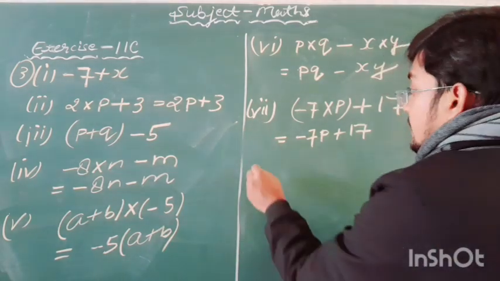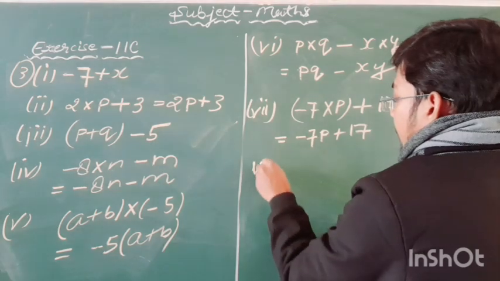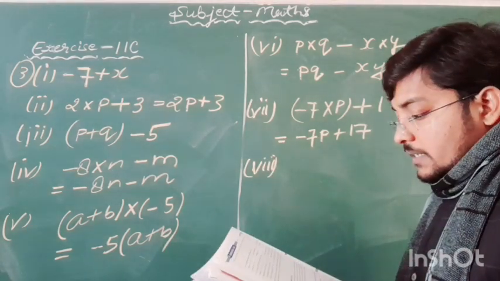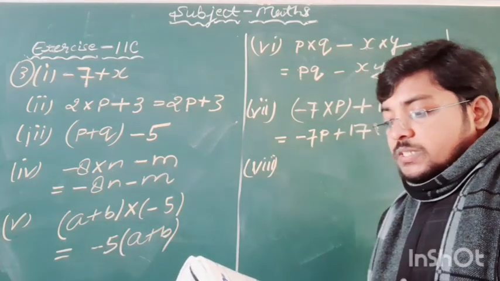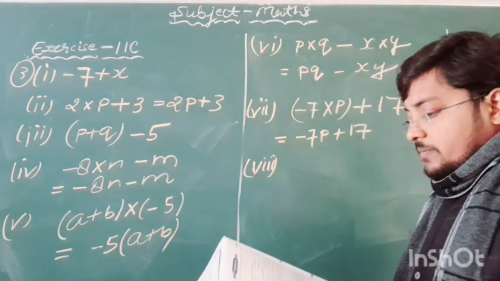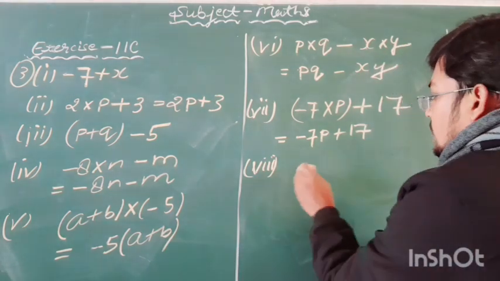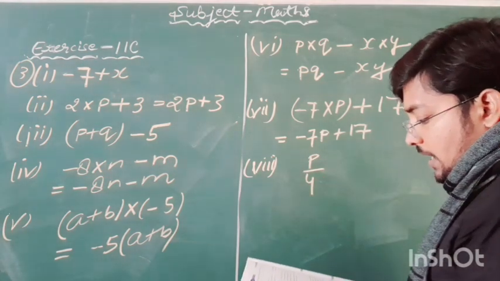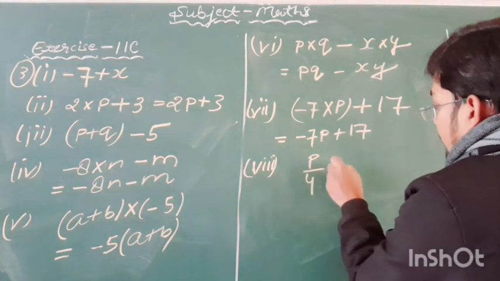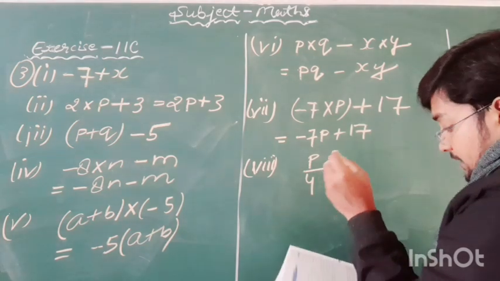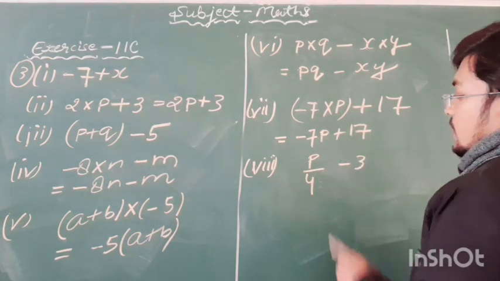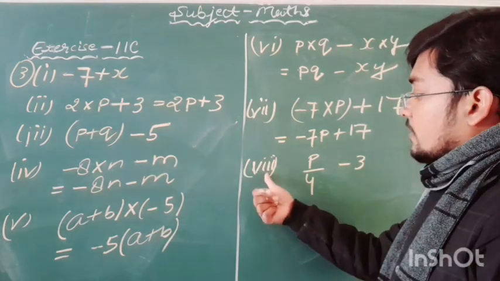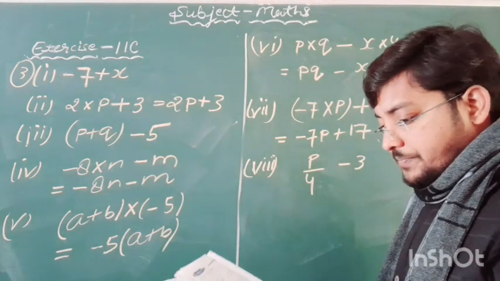And 8 is 3 subtracted from quotient of p by 4. So quotient of p by 4 means p upon 4. And from this we have to subtract 3. So this is the required expression of question number 8.